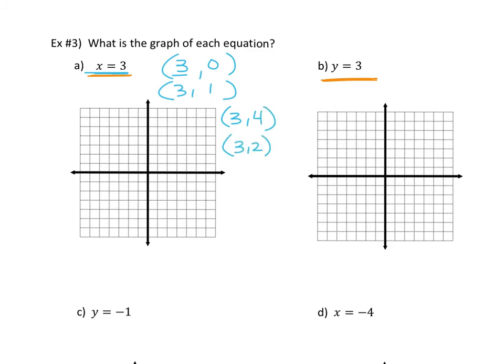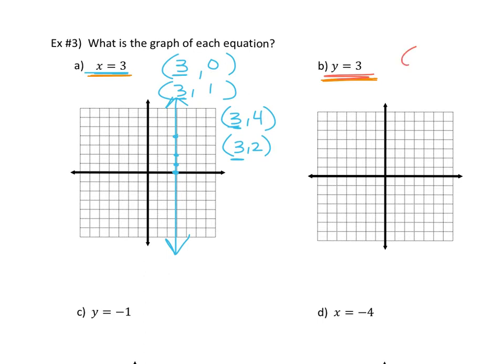All of those have an x value of 3. So if I were to plot those points, 3, 0, 3, 1, 3, 2, 3, 4, if I plot all those points that have an x value of 3, my line is vertical, right?